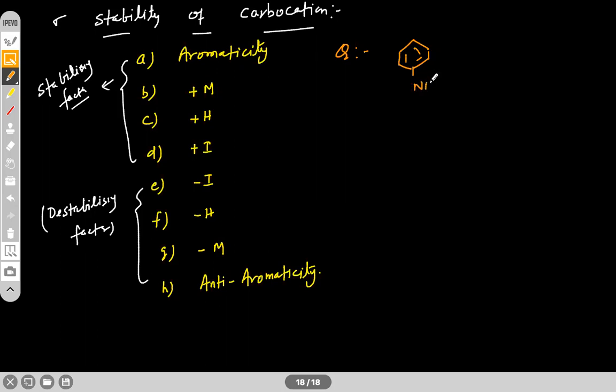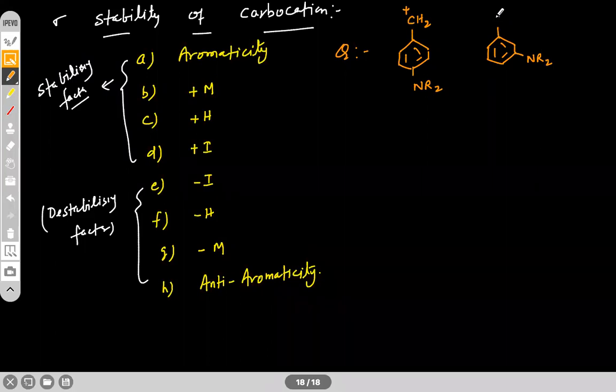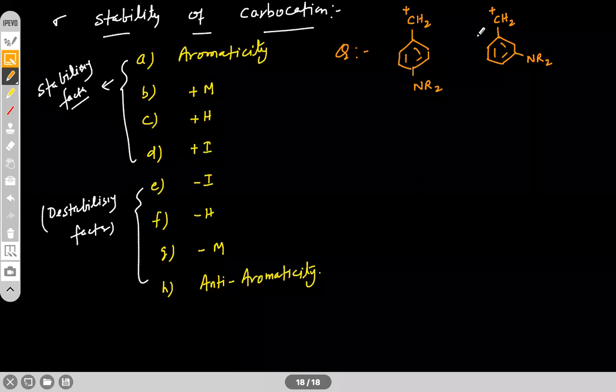Here we have NR2, CH2 plus, NR2 and CH2. Which one is more stable in these two? Stability of carbocation.